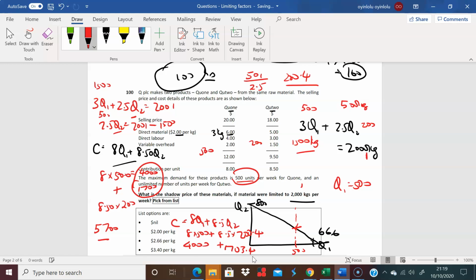You add the two together, and you get 5,703.4. So the question is, what is the extra contribution as a result of buying in an extra kilogram of material? Well, the extra contribution is the difference between these two, which is 3.4 per kilogram.